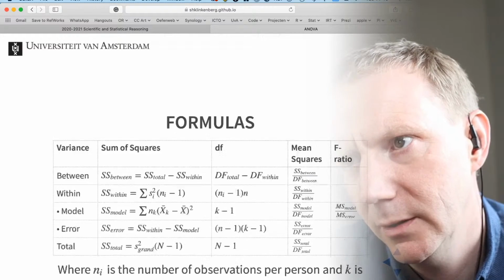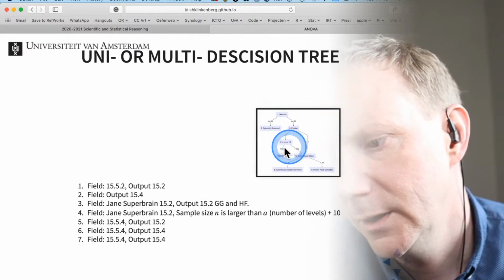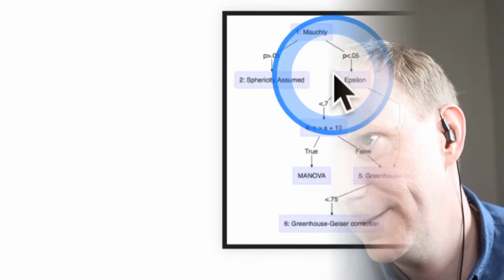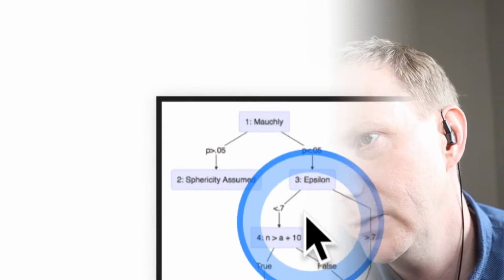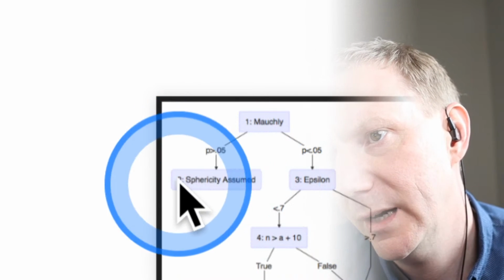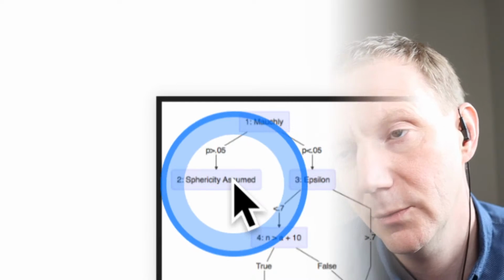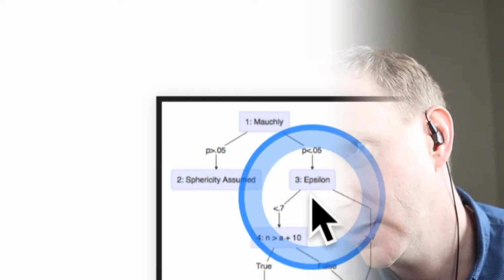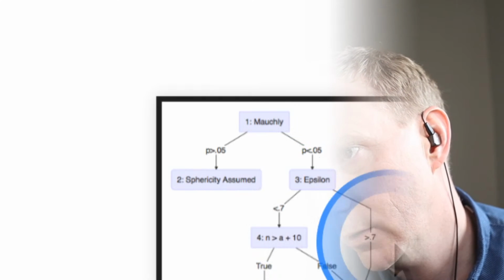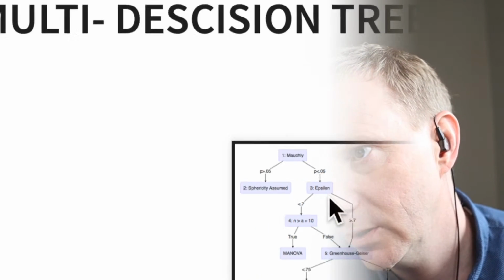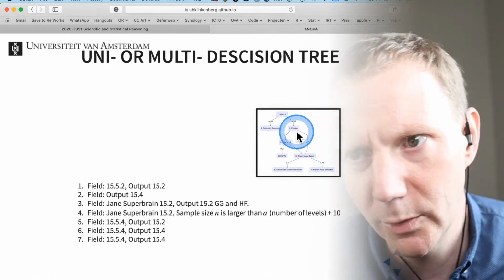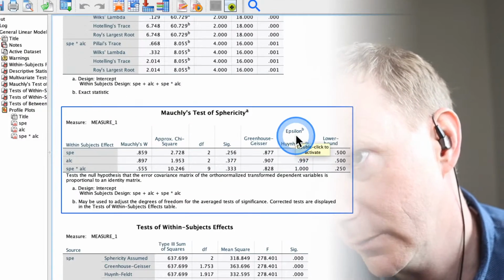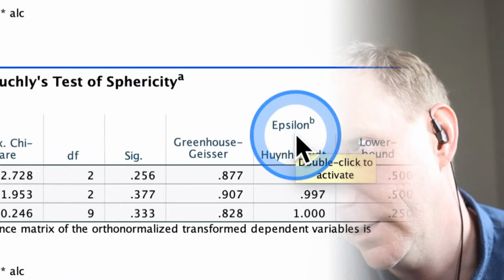So it's over here, yeah, this one. So what you're seeing here is that if your p-value is higher than 0.05, you just look at the sphericity assumed, so then you're in the clear. But if it's not, then you have to look at this epsilon value and see if it's lower or higher than 0.7. So looking at the results from your analysis here, it's about this epsilon value. Epsilon.